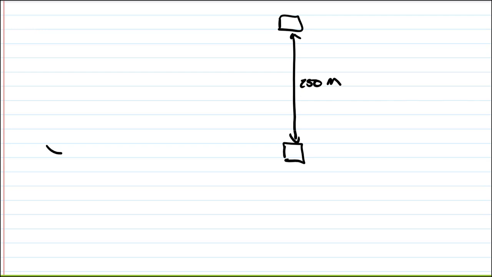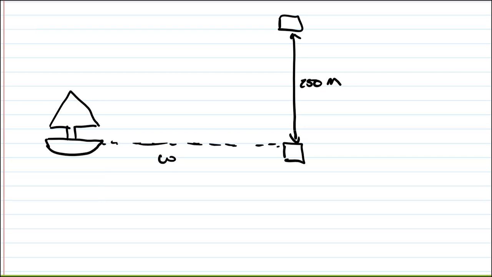Then we have our boat out here, and then this is the distance we want. And then we know that from this tower, we have the measure of this angle is 86 degrees and 25 minutes.